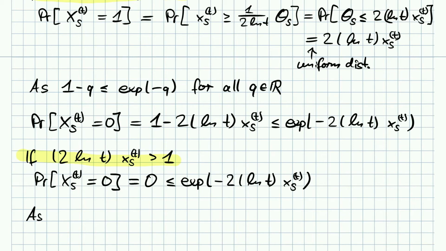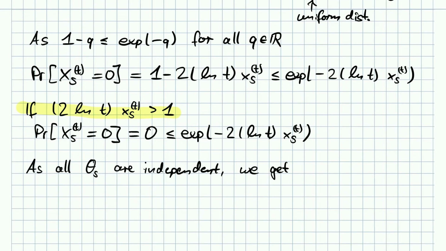And now, as all these theta_S are independent, we get that the probability that all of these capital X_{S,t} are 0 for all S which contain a certain t is equal to the product of the individual probabilities.